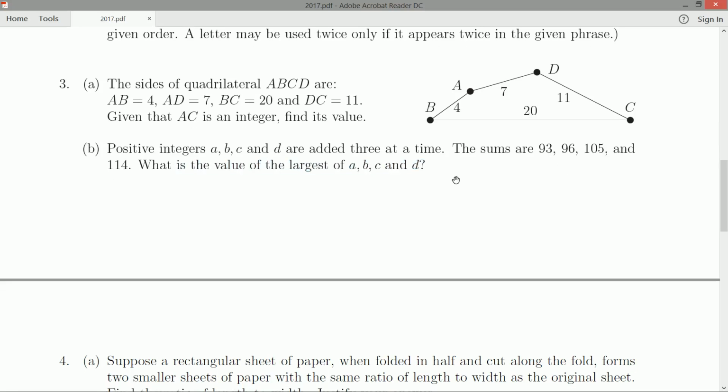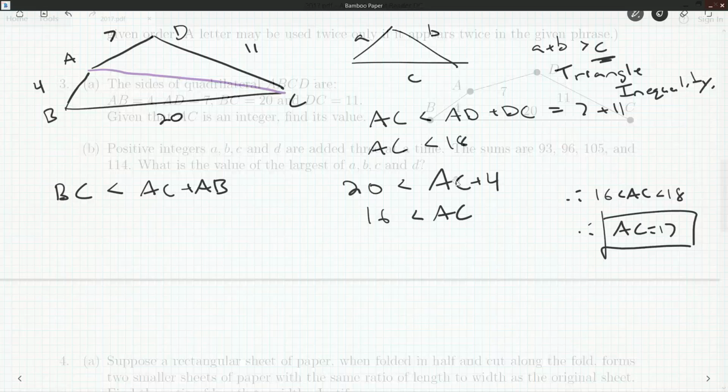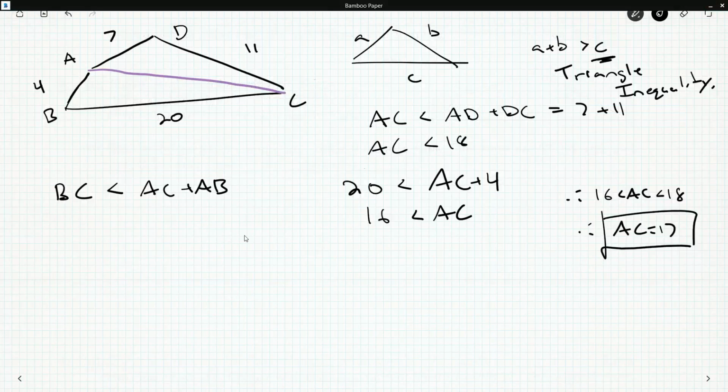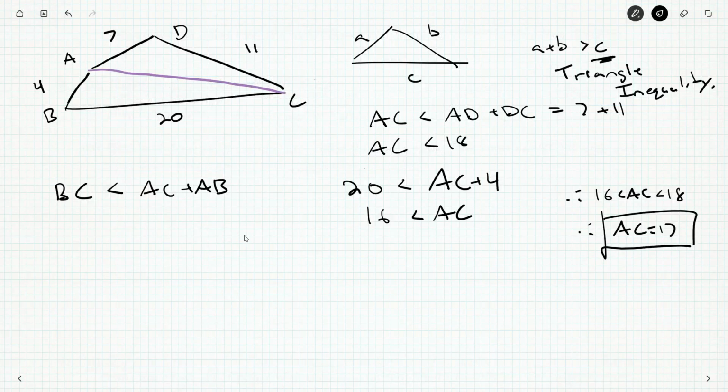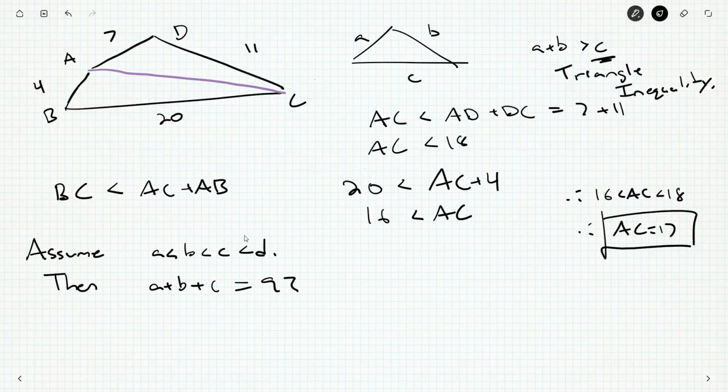Well, let's say D is the largest. Okay, and we do have to justify things, so let's assume or suppose or without loss of generality, A less than B less than C less than D. Then because we're adding them 3 at a time, I can say A plus B plus C has got to be the lowest of the numbers, which is 93.